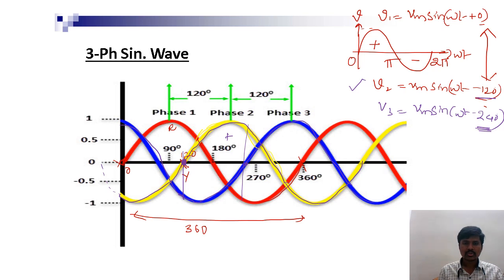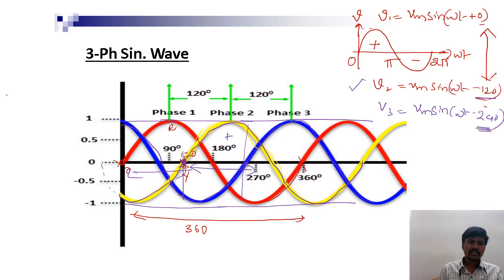So we are going to get the three-phase sinusoidal representation. In this three-phase sinusoidal representation, the magnitude is the same in all the instances, and also the phase difference between two phases is 120 degrees.